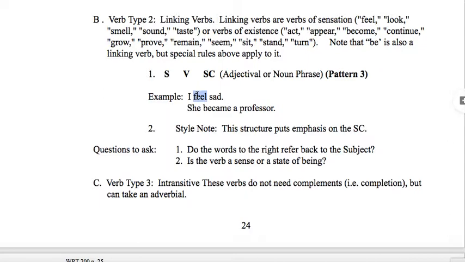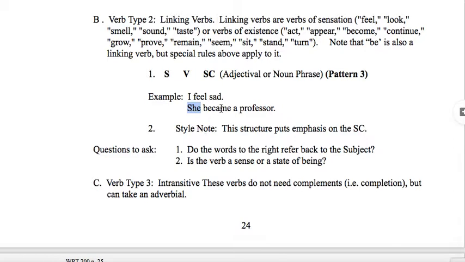So in this one, it's I feel sad, and sad is again referring back to the subject, so we know it's a subject complement adjective. Let's look at another one. She became a professor. The subject complement noun phrase restates who the subject is.